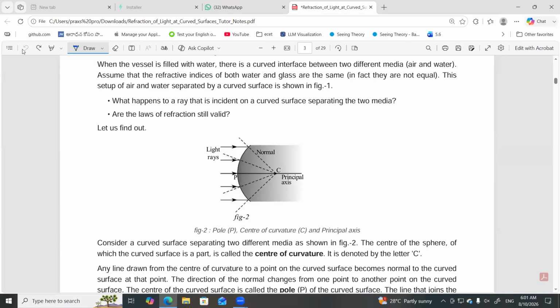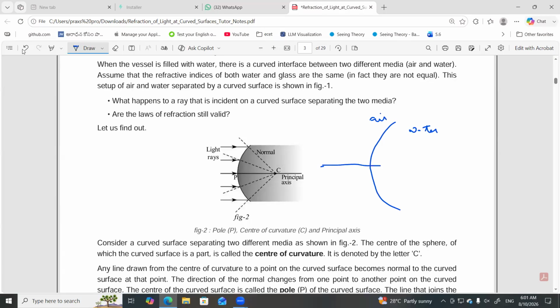Okay, here I have taken some lines which are parallel to principal axis. The outside atmosphere is air and the curved surface has water. And this is the principal axis. And light ray is coming like this. Now light ray is entering from rarer to denser.